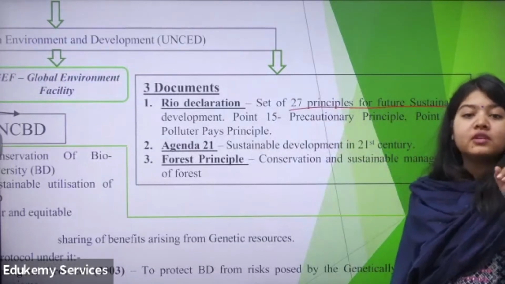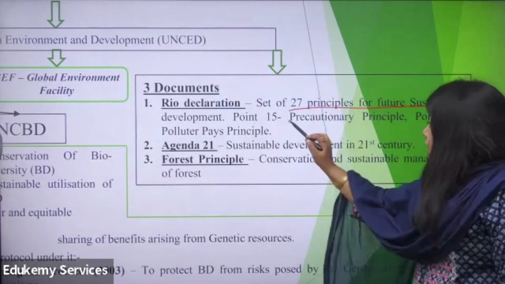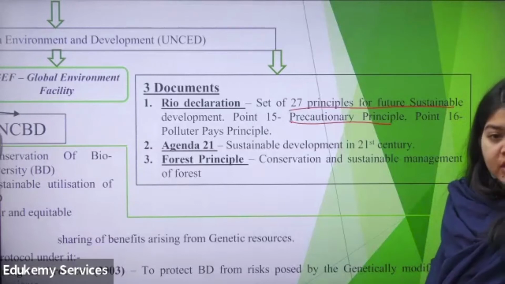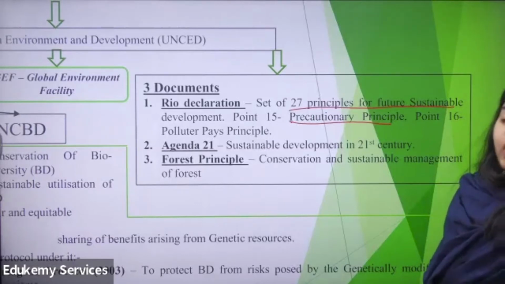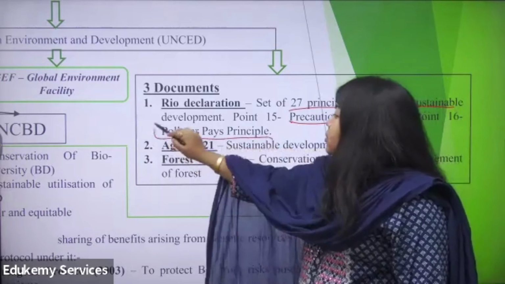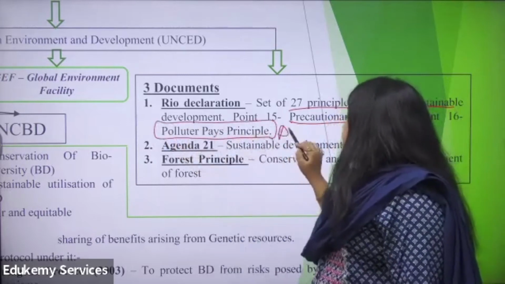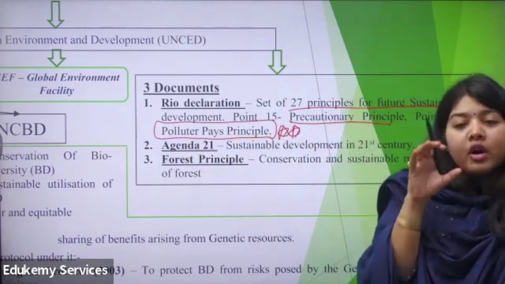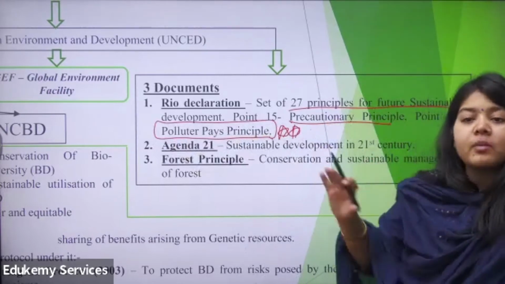It gave the principle of precaution, also called the precautionary principle, and most importantly, the polluter pays principle. Is it not the principle on which the entire climate talks or climate conferences are based?